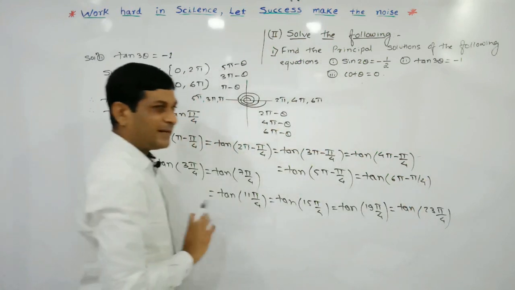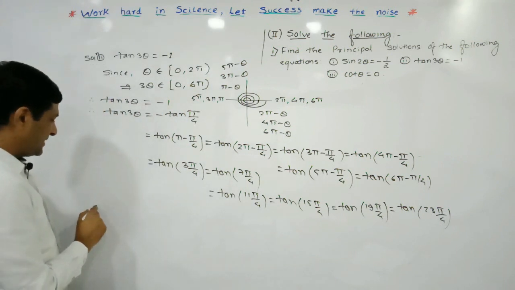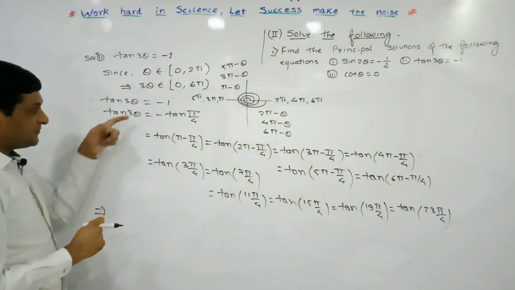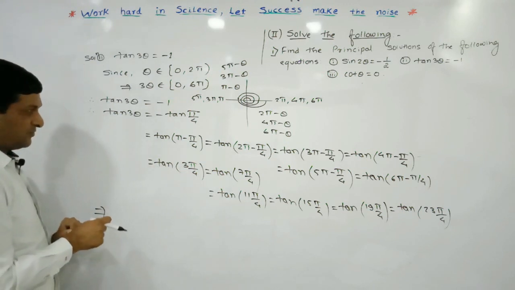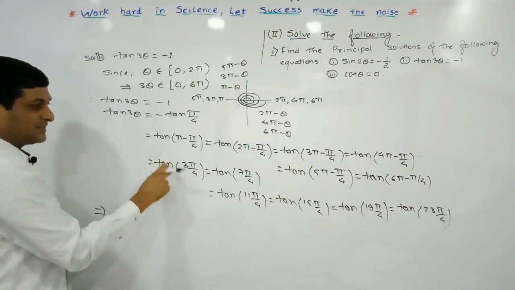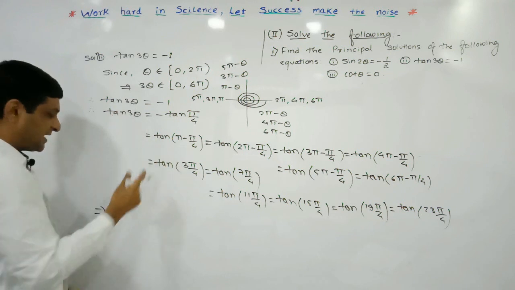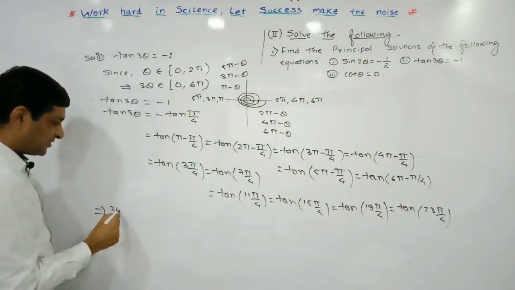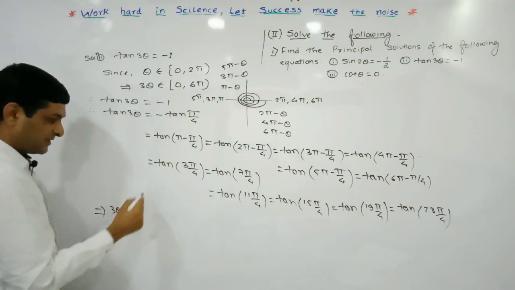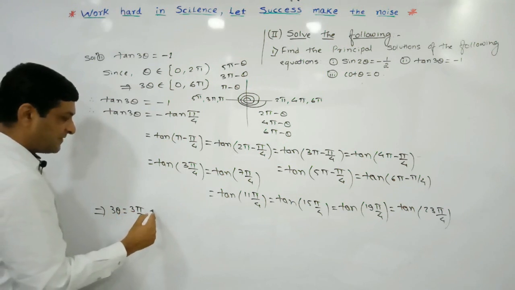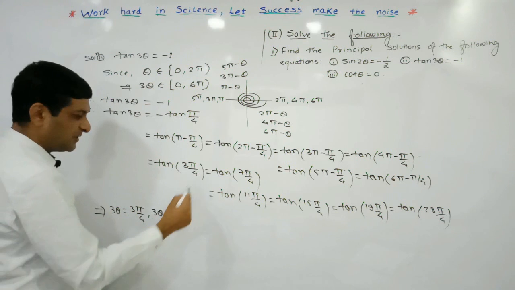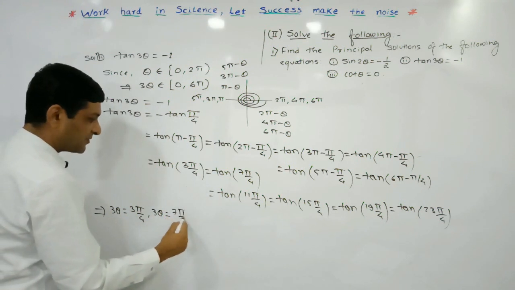Now comparing both sides, what can we conclude? What is the first value of 3 theta? The first value of 3 theta is 3 pi by 4. So if we consider the first two terms to be equal, then it implies that 3 theta is equal to 3 pi by 4. The second value of 3 theta is 7 pi by 4.